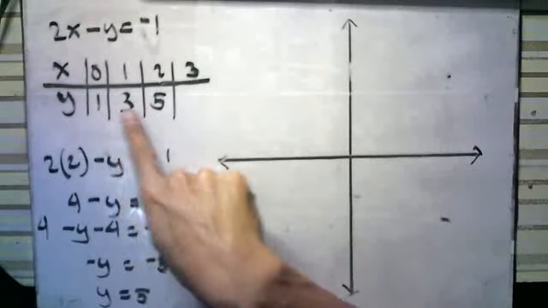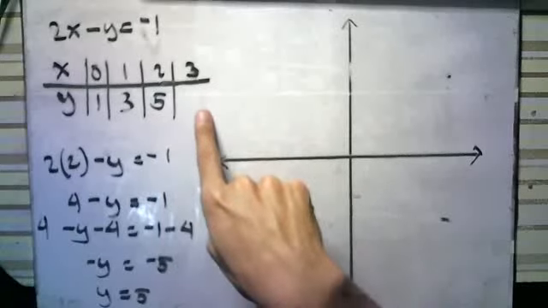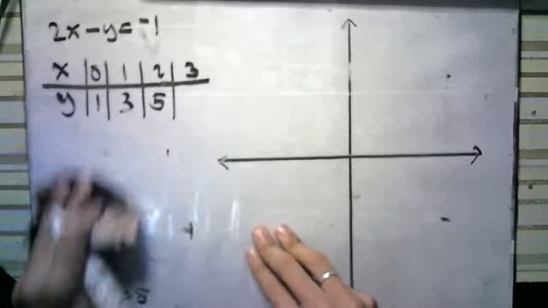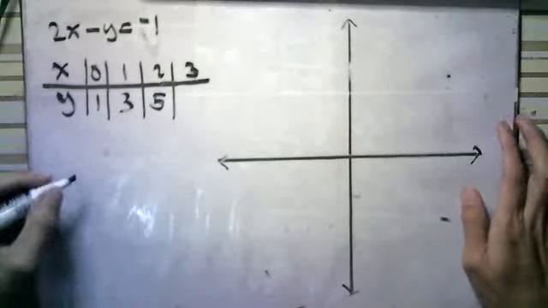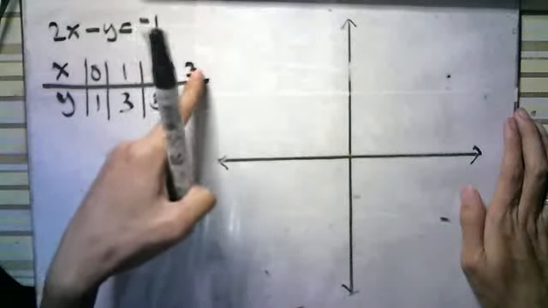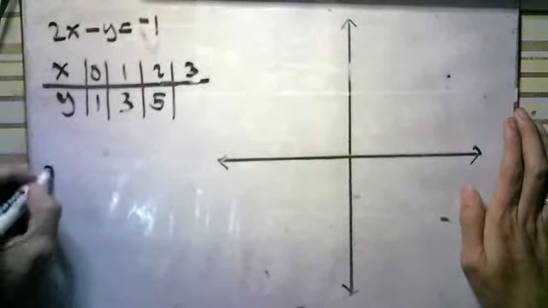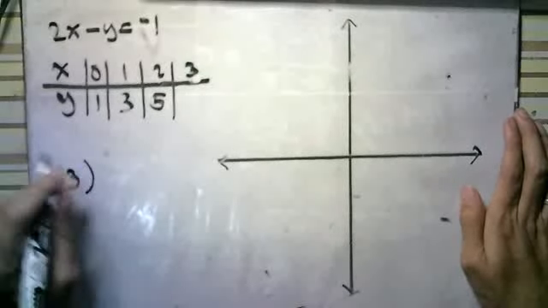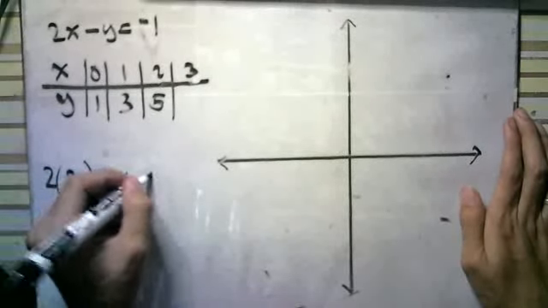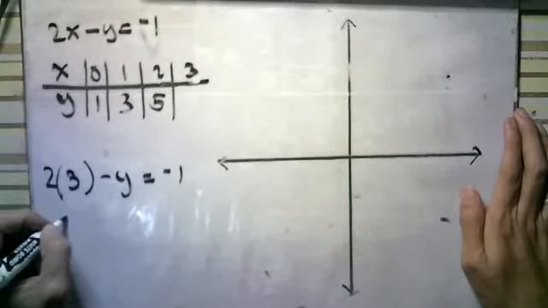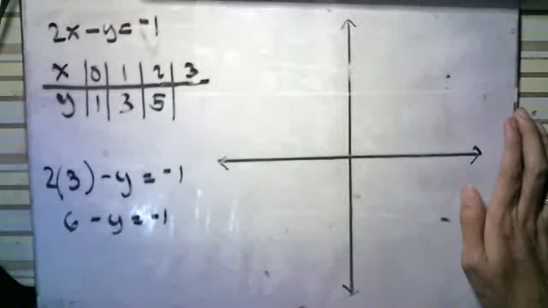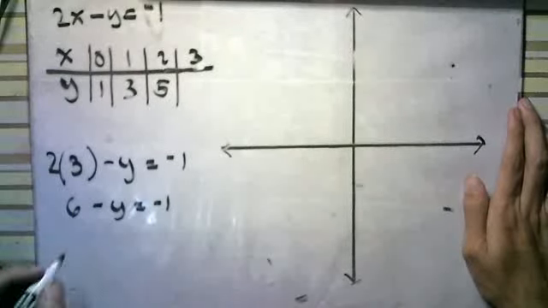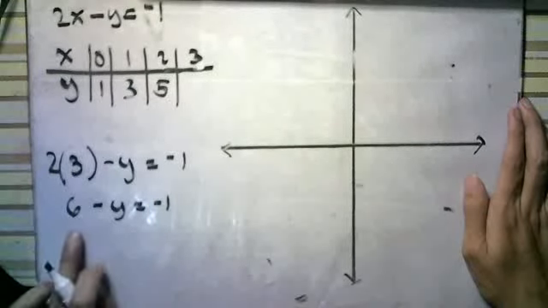So, may wild guess na kayo. 1, 3, 5. Is it 7? Check natin. Check natin if that is 7. So, substitute 3 if x is 3. 2 times 3 minus y is equal to negative 1. So, that will become 6 minus y is equal to negative 1. Nakikita? And then, make 6 become 0.